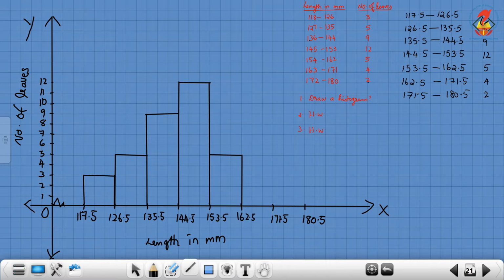Next 162.5 to 171.5, 4. Next, the last one, 171.5 to 180.5, 2.